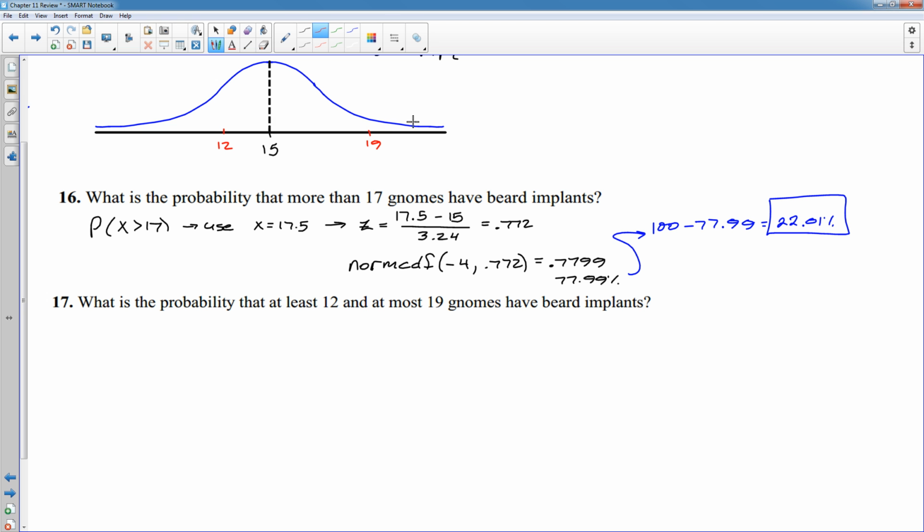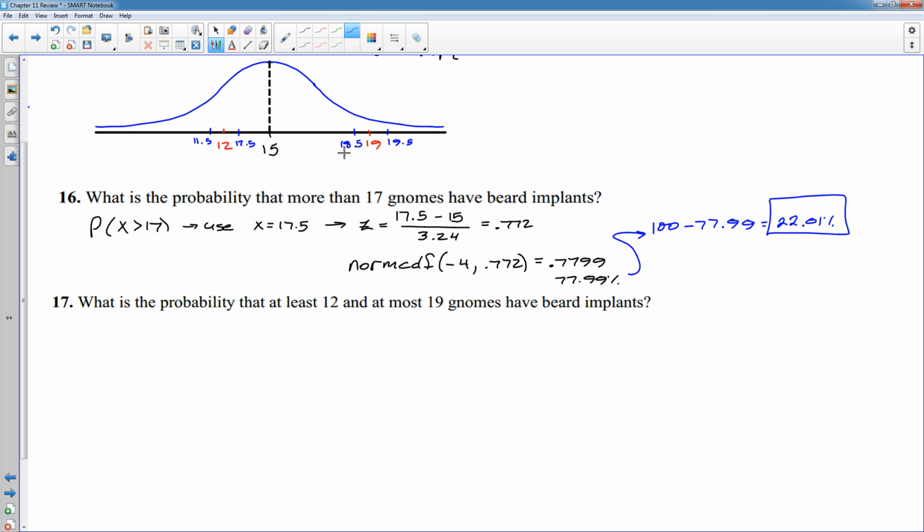Here, for the correction factor, we have to move to either 12.5 or 11.5. We have to go to the left 0.5 units, so 11.5, or we're going to go to the right to 12.5. You have to move a half a unit. And then over here, we have to choose between 19.5 on the right, or if I move to the left 1/2 unit, we're at 18.5.